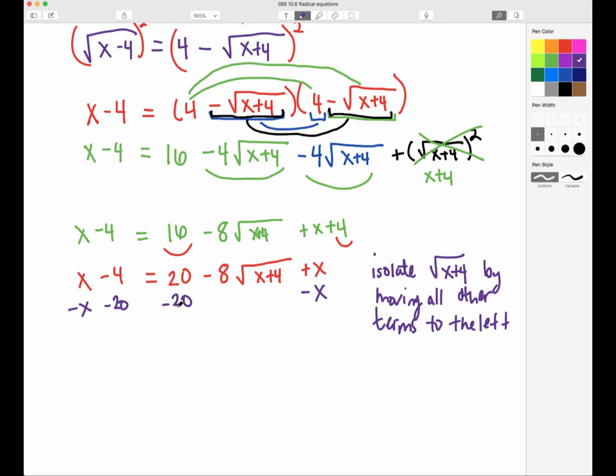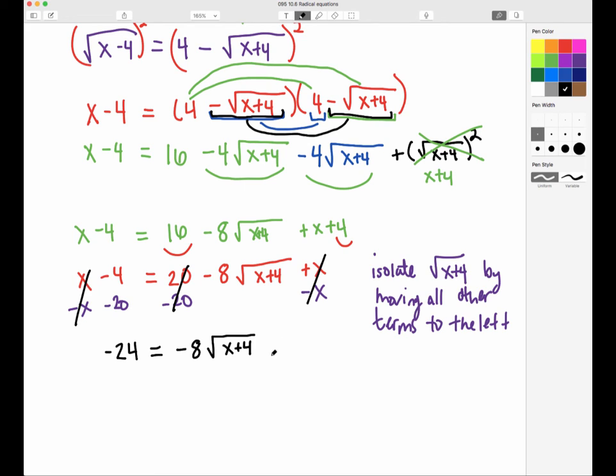So I start off by doing addition or subtraction. So those go away, those go away. Hey, look, those go away too. Now I have negative 24 equals negative 8 times the square root of x plus 4.